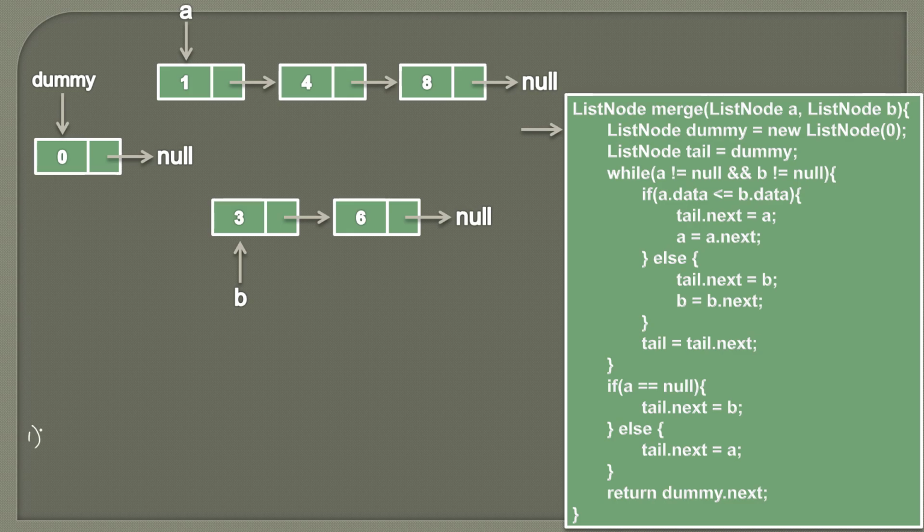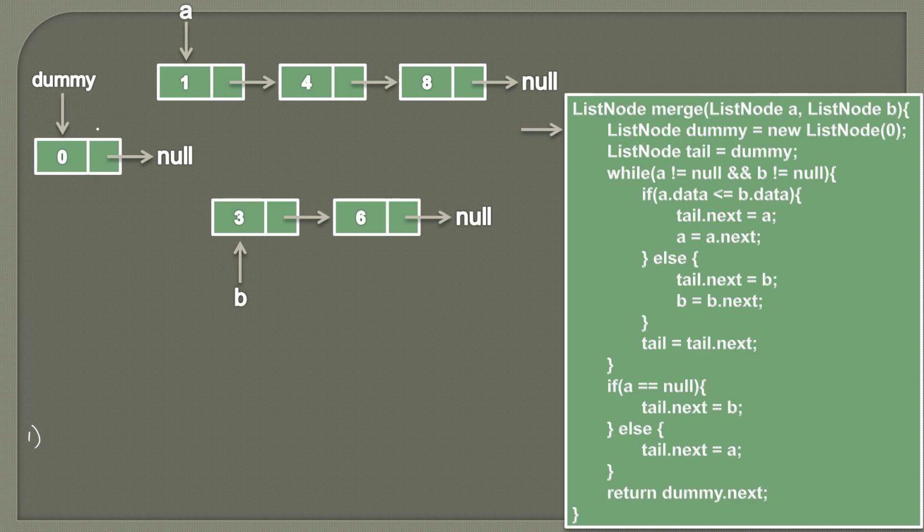Now why we are creating this dummy list node, we will see later. So one such usage of dummy is when we compare the values of these two lists. One by one we will take out the nodes and add them to this dummy list node. So instead of null, a value will keep on coming. And at the end, after this while loop terminates and this logic ends, all the list nodes of both the lists will be added to the list being referred to by this dummy node.